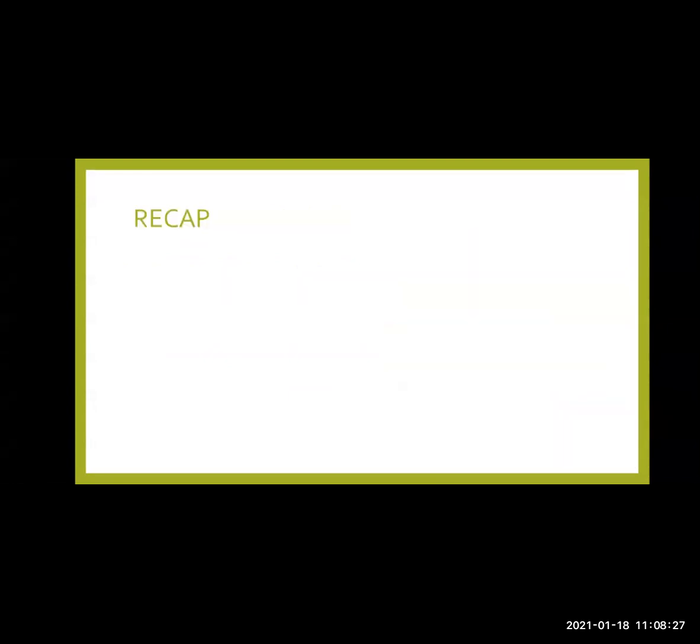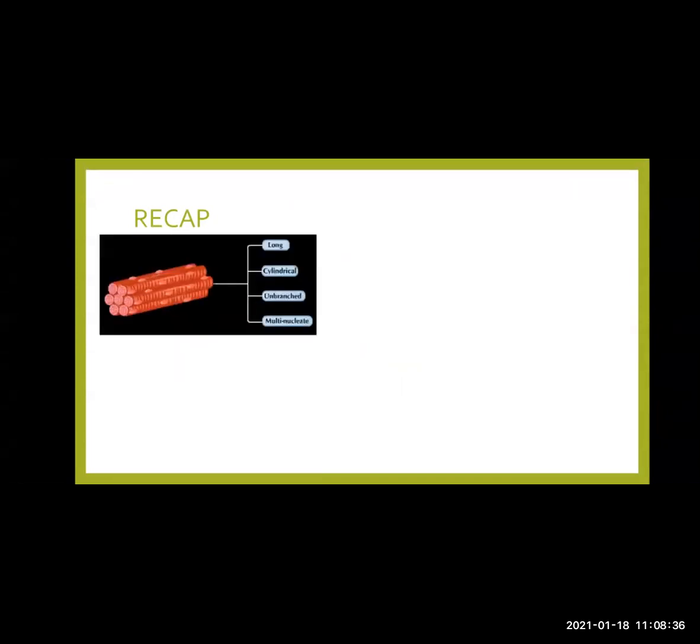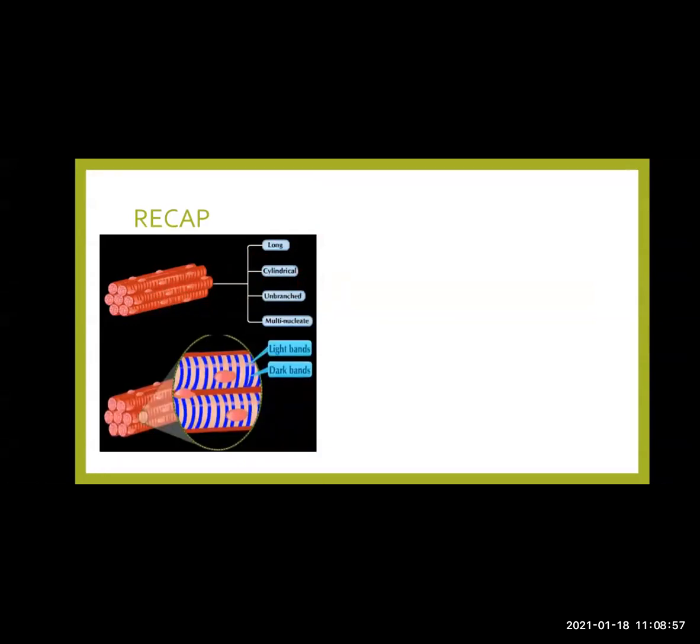Now, let us recapitulate what we have studied today. First, we have seen striated muscles. The characteristics of striated muscles are that the muscle fibers are long, cylindrical, unbranched and multinucleated, with many nuclei on the surface.